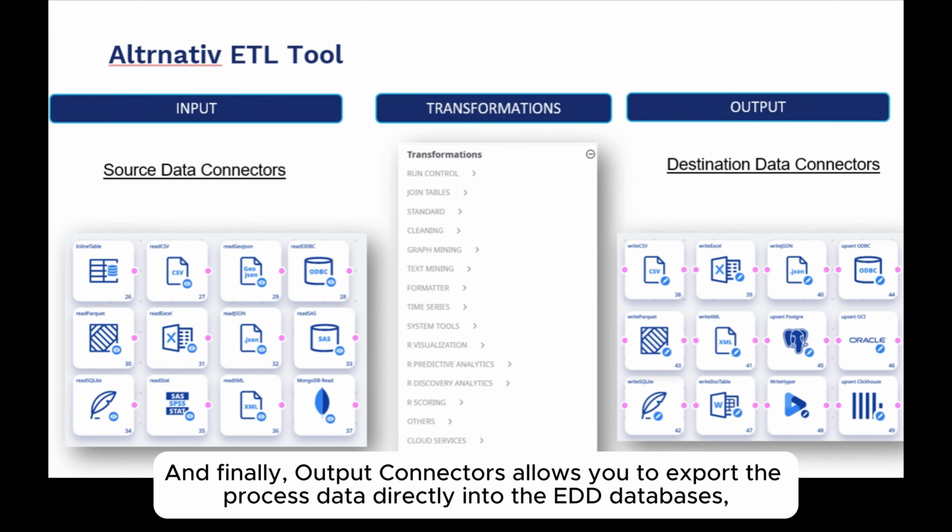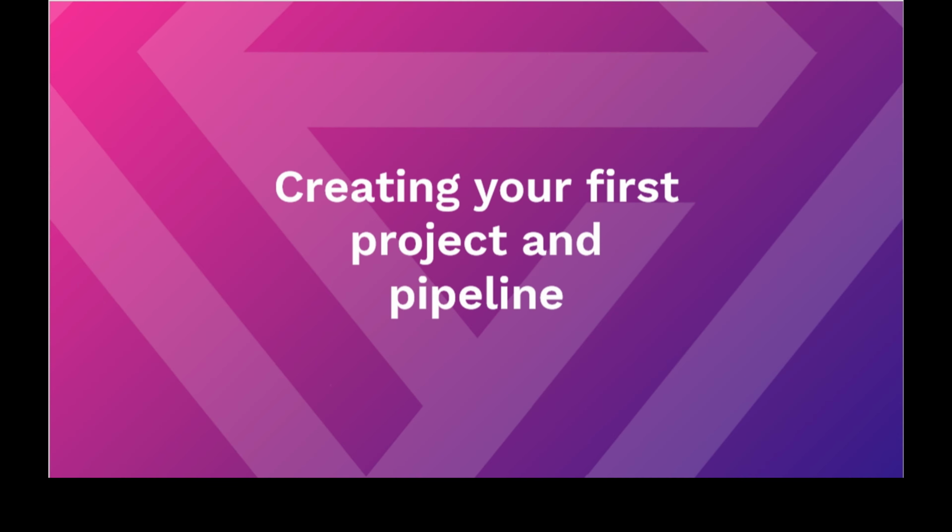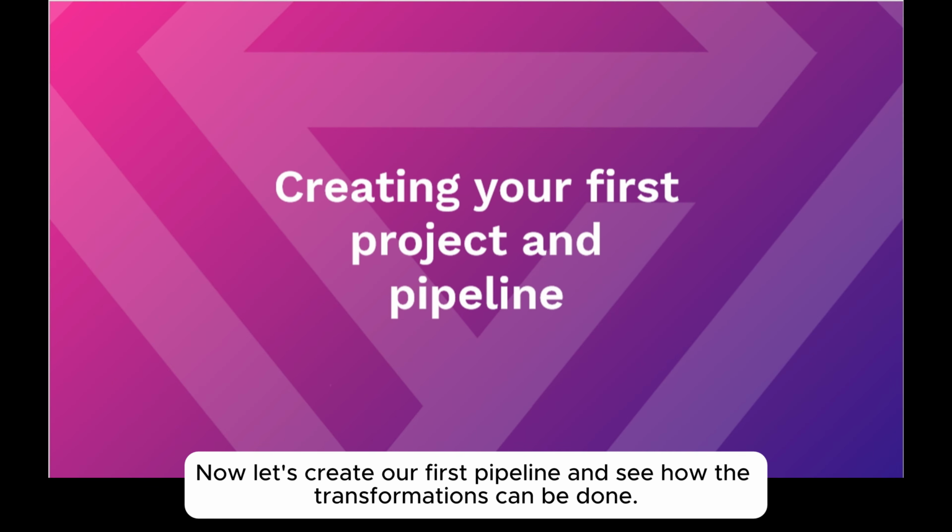And finally, output connectors allow you to export the processed data directly into the EDD databases like S3, Postgres, or Lexis datasets. Now let's create our first pipeline and see how the transformations can be done.